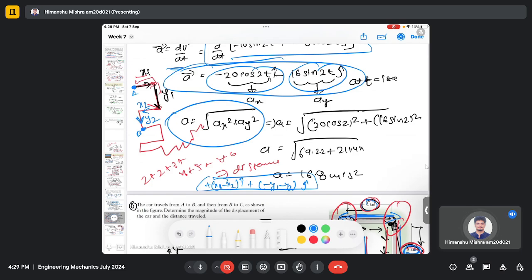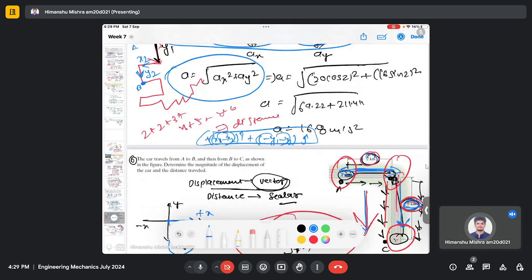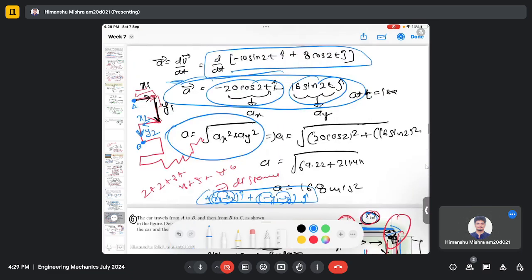You can add all the x components together and all the y components together, and you can define the vector quantity in terms of the x component, given in terms of i cap, and the y component, given in terms of j cap, right? So this is the basic concept, and this is how we differentiate between the displacement and distance.